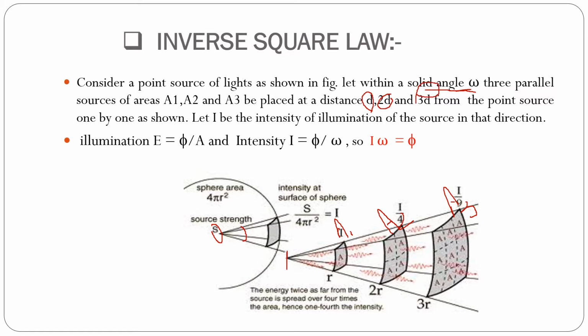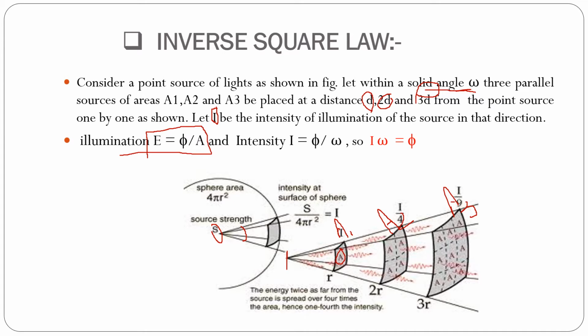From the point source, as shown, let I be the intensity of the source in that given direction. Now illumination, as we stated earlier, I will explain to you. What is the illumination for that particular area A1?